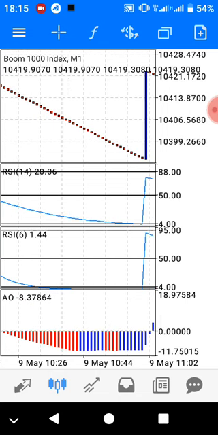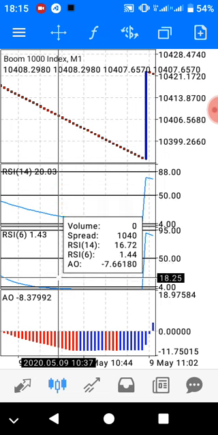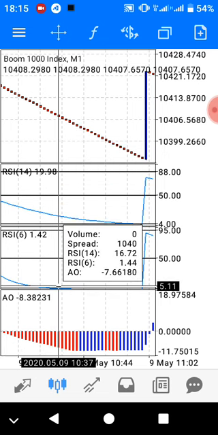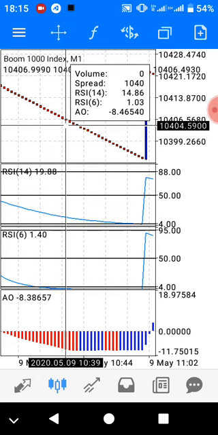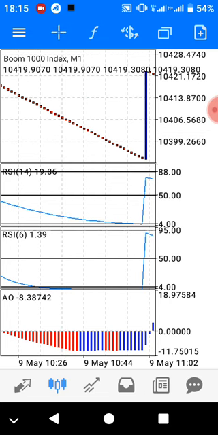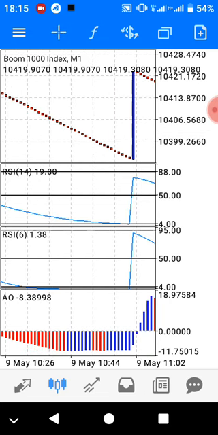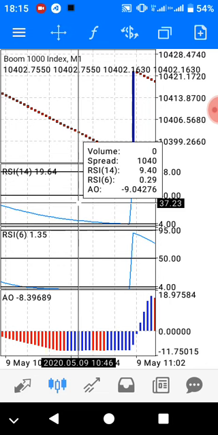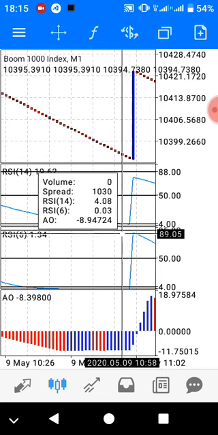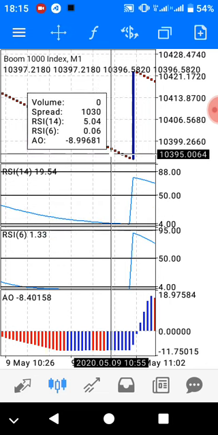By this strategy, we are supposed to enter here when it touches 4. But here you should enter with a smaller lot size, because you would have entered here and all these candles would be drawdown. To filter the huge drawdown, you enter here using RSI 6, you wait, then you enter here using RSI 14, just here.